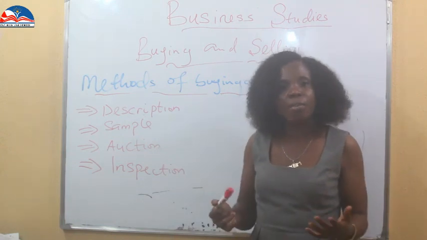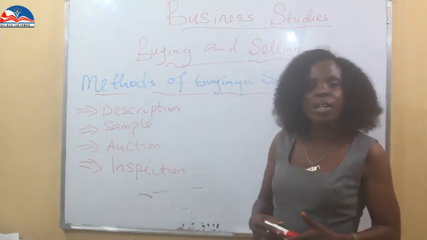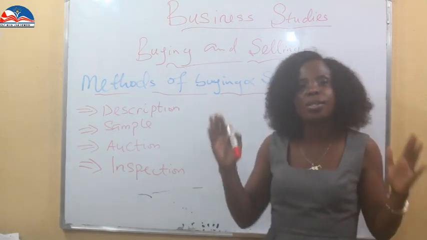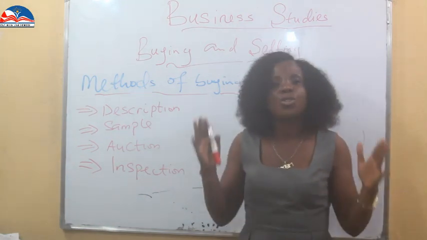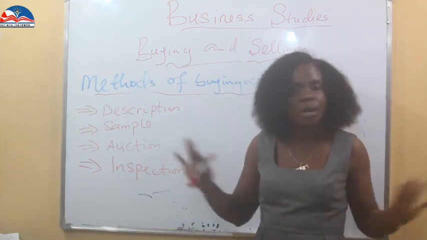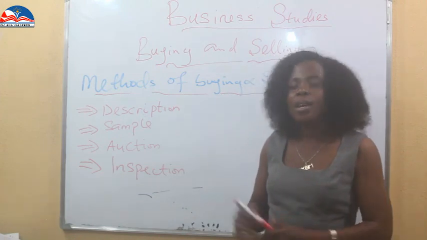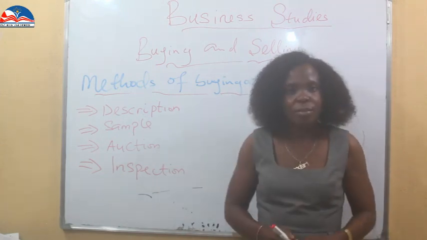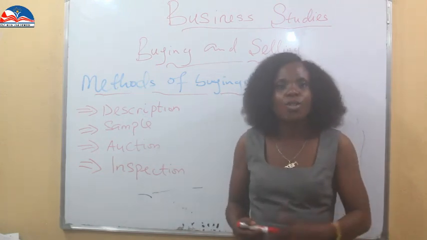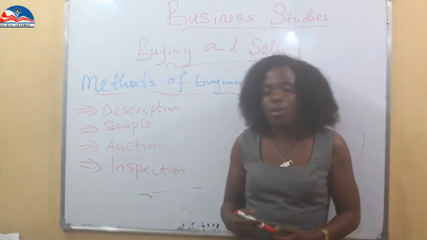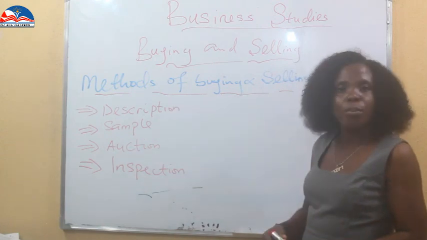You don't have the liberty to open it, to test it before you buy it. You just trust the description. You just trust the standard because you know it's an already made standard that has been put in place. That is description buying. You don't test it. You just buy based on the standard already set out. That is for the first point.